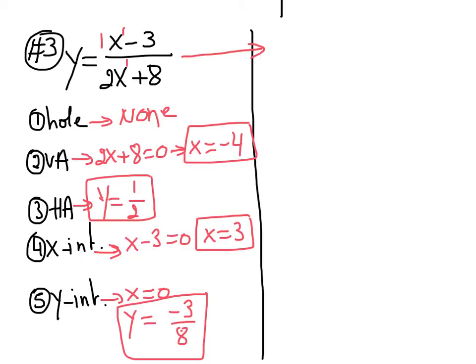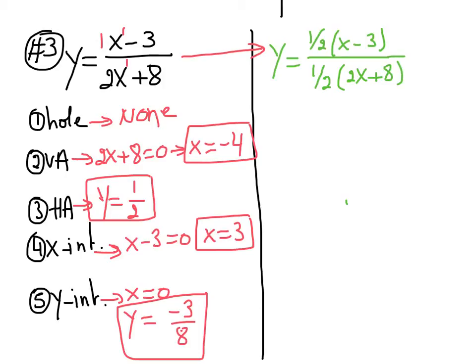Okay. So now here what we're going to do, we're going to take this function, and in order for us to do synthetic division, I need you to multiply the top by a half and the bottom by a half. Because synthetic division can be only applied if the denominator is in the form of x plus or minus a number.